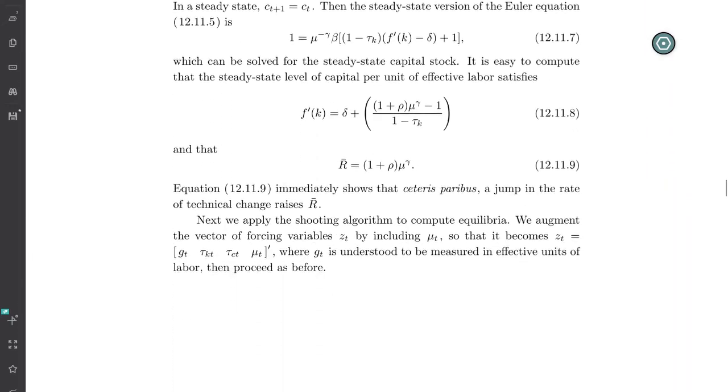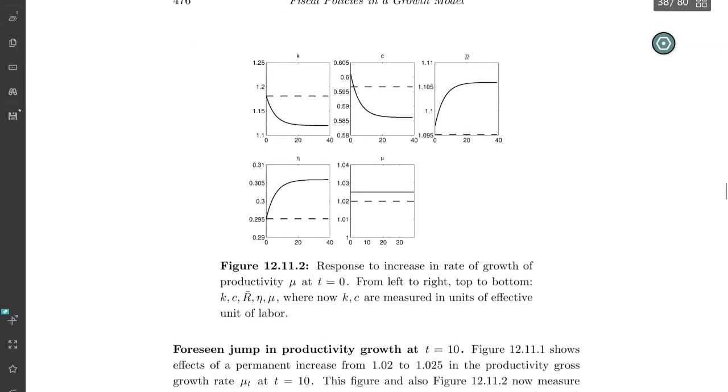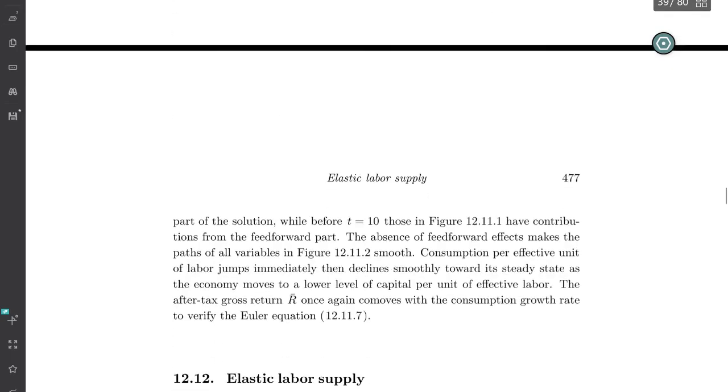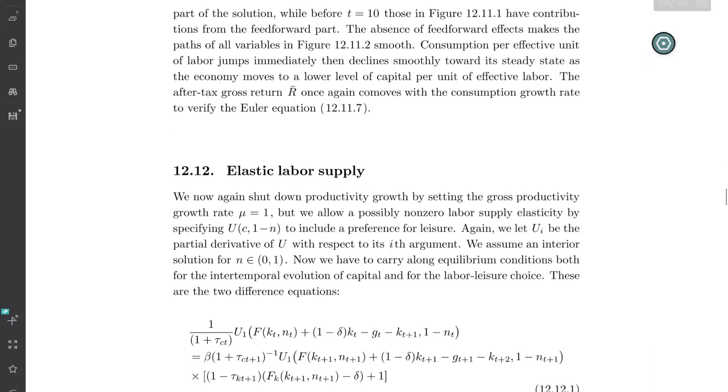Okay, I'll conclude now with just pointing to one other thing: elastic labor supply. Edward Prescott wrote an Ely lecture about 17 or 20 years ago at the American Economic Association, in which he was trying to explain why Europe has been less prosperous than the United States.